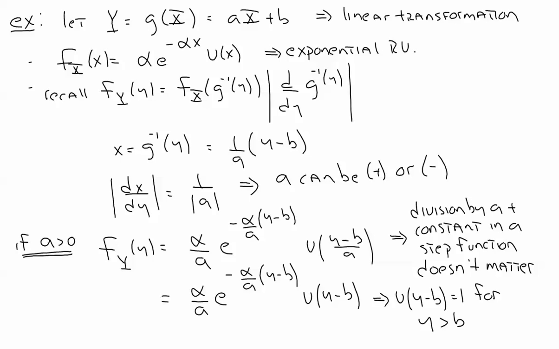Let's look at the case when the slope a is negative. A little more interesting. If a is negative, once again my derivative of x with respect to y is 1 over the absolute value of a.